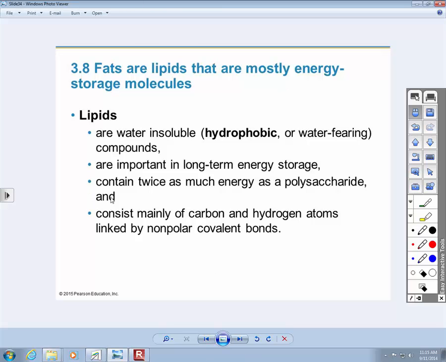Okay, lipids. Long-term energy storage. So we store that stuff on our body as fat really fast. And the problem with it is that it contains twice as much energy, which means you have to burn twice as many calories to get it off. You have to work twice as hard to get the fat off.